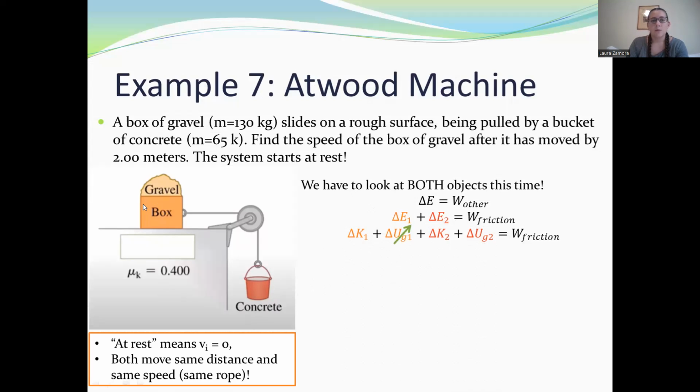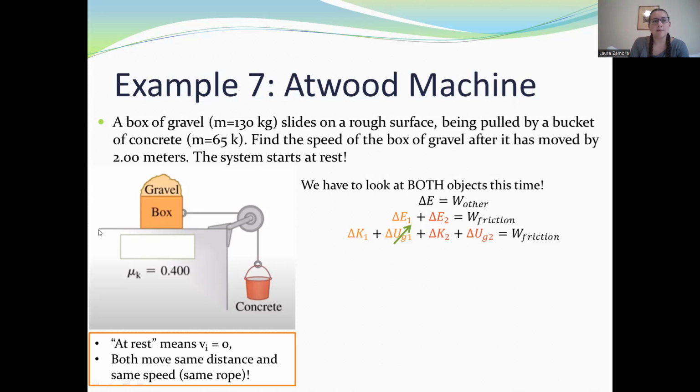Okay, so we know that this gravel box is going to be moving across the surface of the table the whole time. And so that's where I'm going to establish my reference point to be, just to be able to simplify something in this equation, because otherwise it gets to be quite a lot to look at.